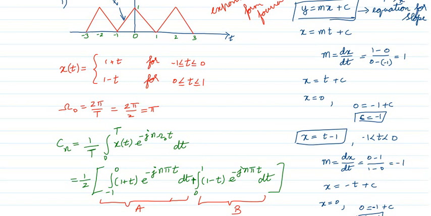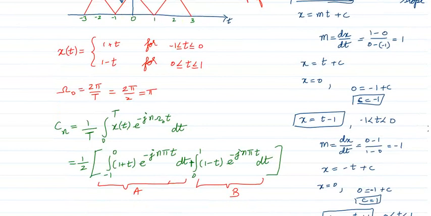So now the expression becomes x equal to minus t plus c. Now again you have to find the intercept. When I put x as 0, t becomes 1, so in place of t, I am putting 1. So 0 equal to minus 1 plus c, so c equal to 1.